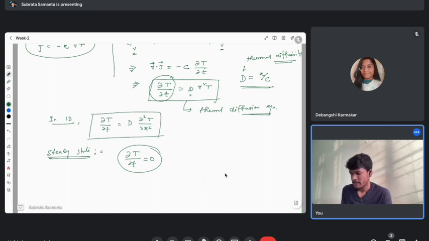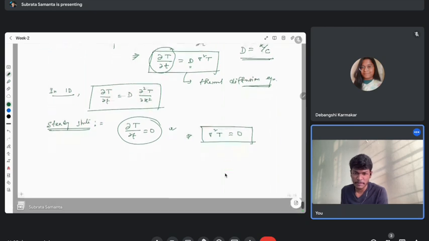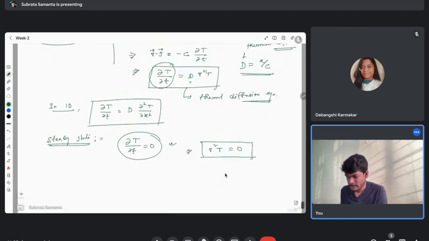So when the system reaches the steady state, this must hold, which implies that del T over del t equals 0. So the thermal diffusion equation reduces to grad squared T equals 0. This is called the Laplace equation.